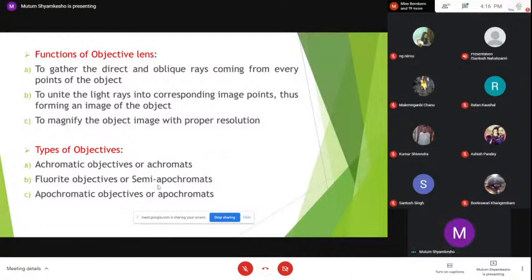And they are corrected only for chromatic aberrations in two colors, that is blue and red. And it is not corrected for spherical aberrations.